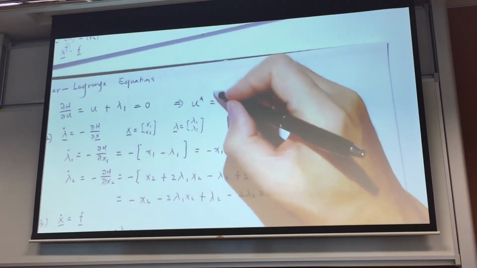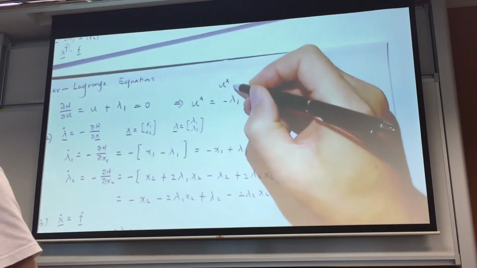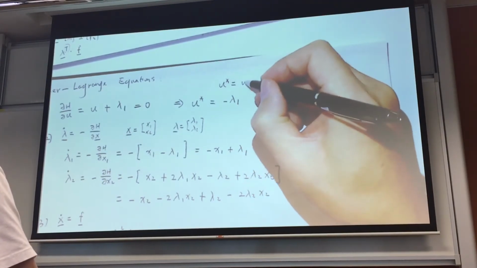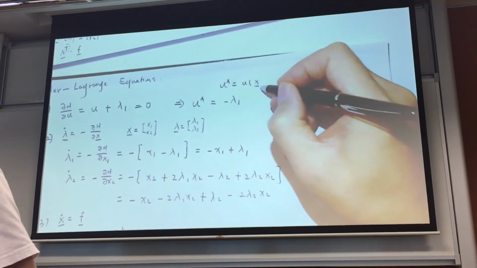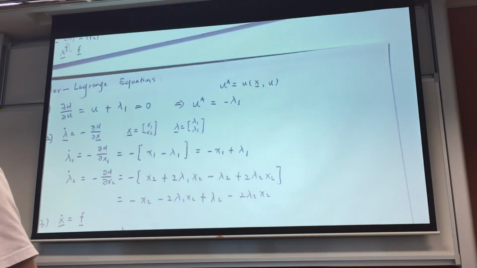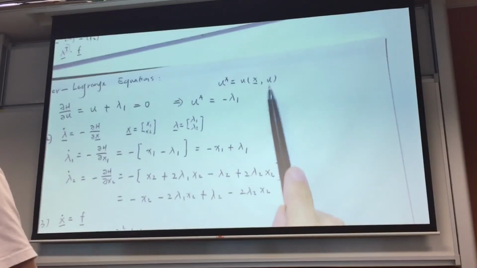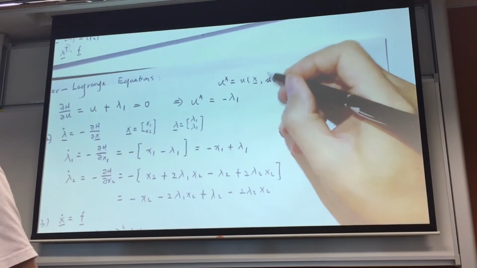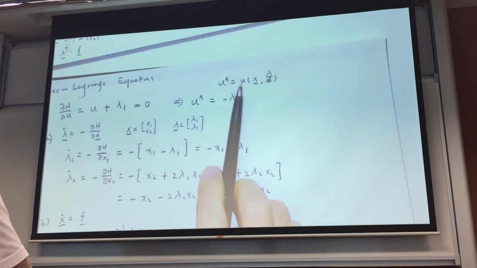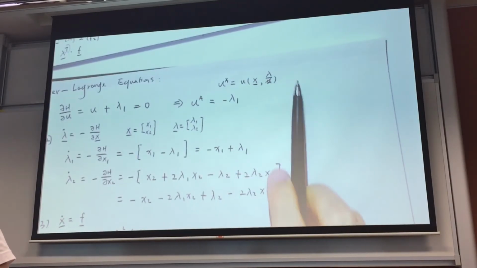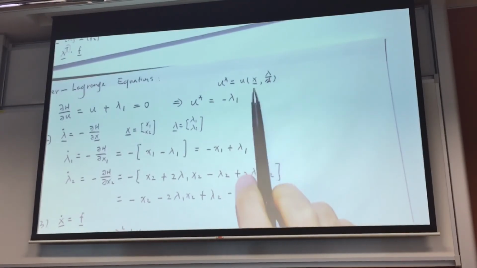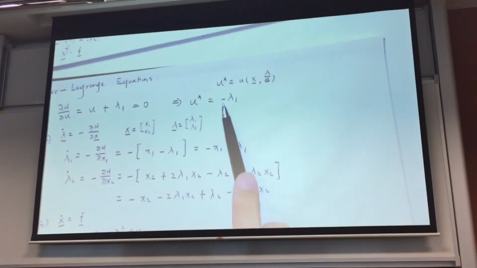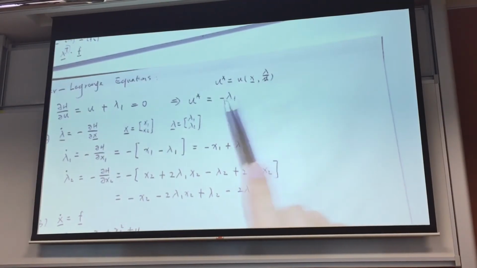Here, we know this u star is a function of the state vector and the Lagrange multiplier. But in this special case, this function only depends on the first Lagrange multiplier, lambda.